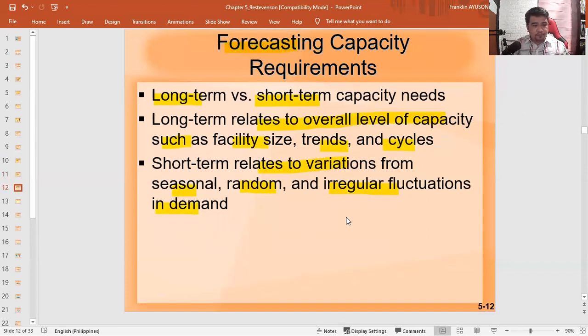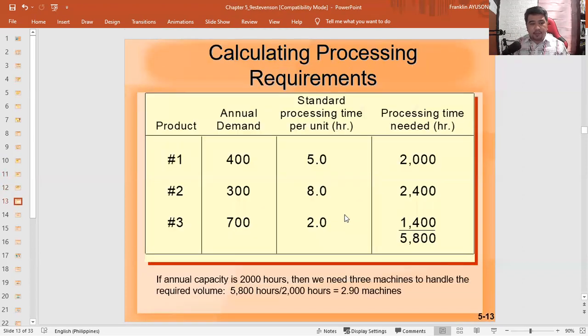Okay, moving forward, here is an example of calculating our processing requirements. In this table, we have 3 products, with the annual demand and the standard processing time per unit of each product. As you can see, product number 2 takes the longest, while product number 3 takes the shortest time.